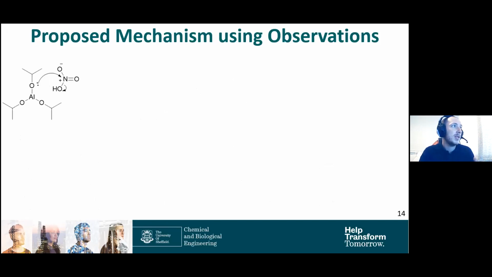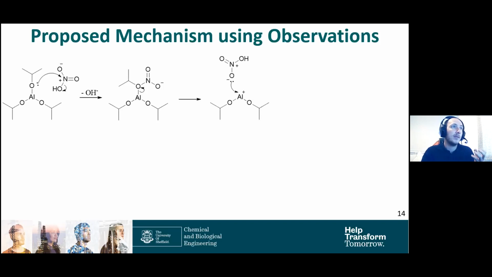And this proceeds by the initial attack of the isopropoxide group onto one of the nitrate groups, the acids, which gives a nice leaving group. So then you can get a reactive, positively charged aluminium, which can form an aluminium nitrate. And we saw that aluminium nitrate forms in the droplet without the nickel nitrate, just increased over time to a limit.